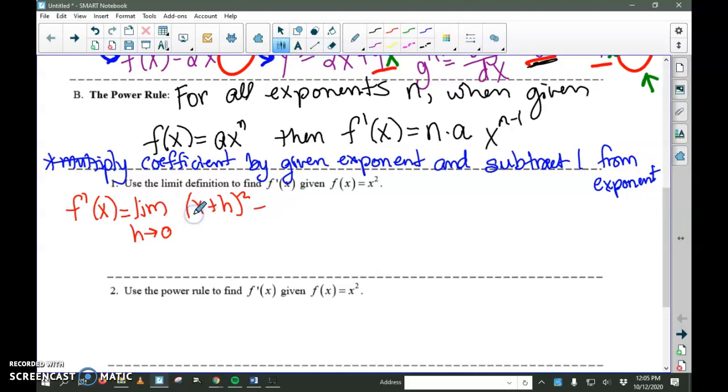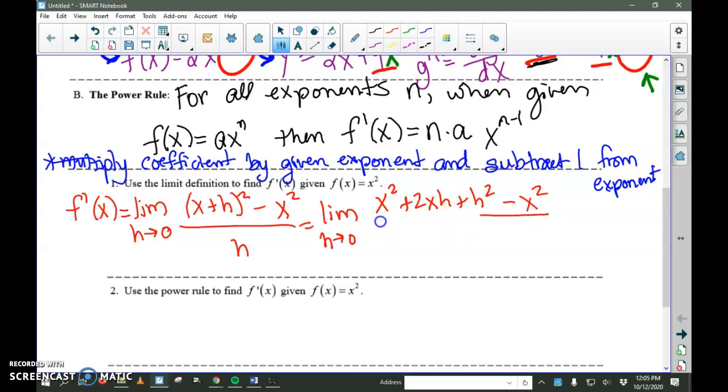So x plus h squared minus x squared all divided by h. That's equal to my limit as h approaches 0. When I multiply this out, I get x squared plus 2xh plus h squared minus x squared all over h.